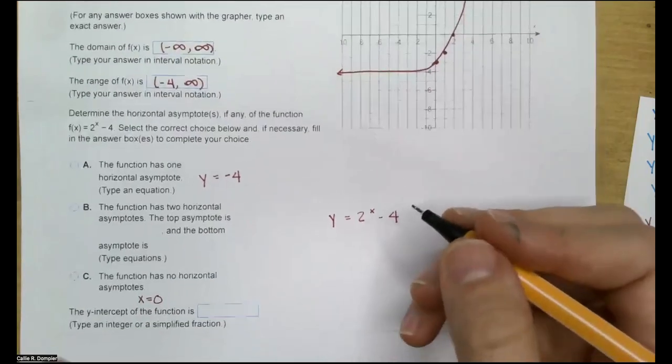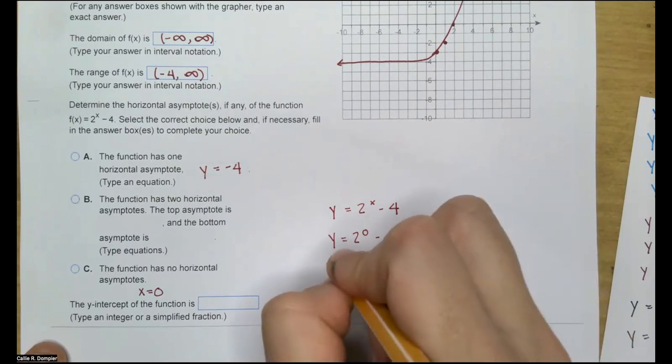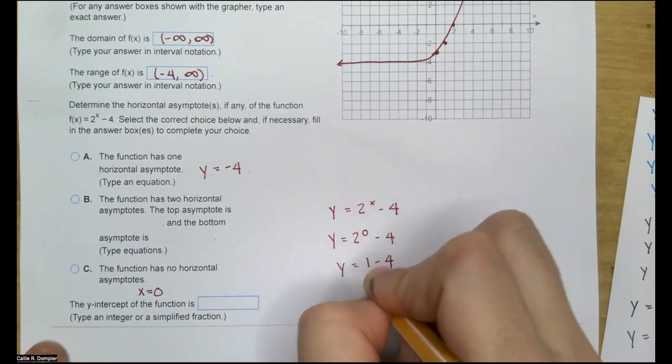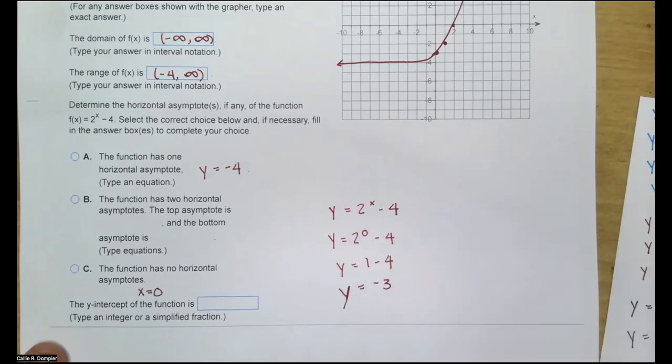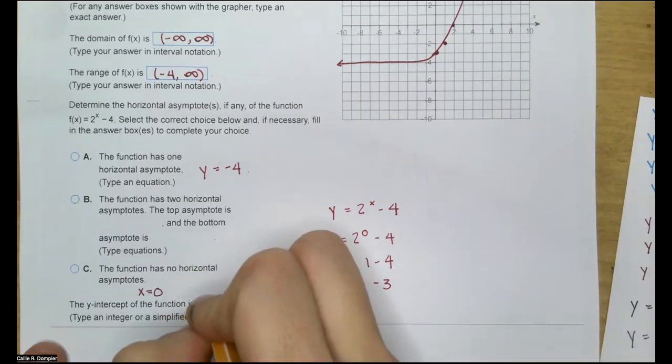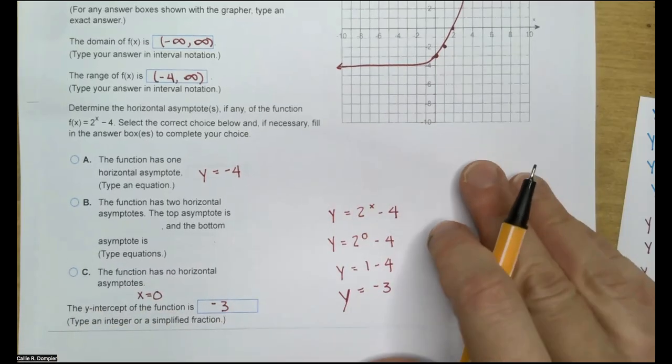Put in a 0 for that x. y equals 2 to the power of 0 minus 4. y equals 1 minus 4. y equals -3. So my y-intercept is -3. And it doesn't need to be y equals -3. It just says type in an integer or a fraction. So you don't need the y equals.